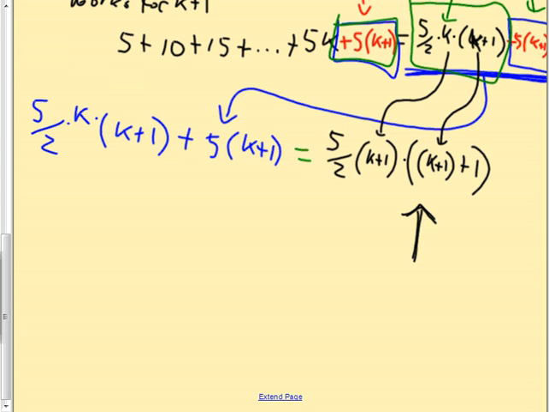Do you get these both have a k plus 1 in them? I am going to factor that to the front. The k plus 1 comes to the front. If you factor something, you're really dividing by it. What do I have left after I divided by that? K plus 1.